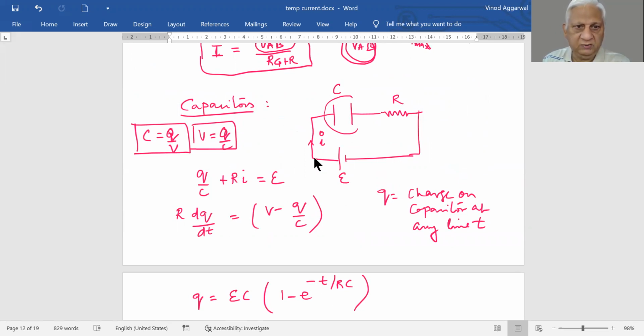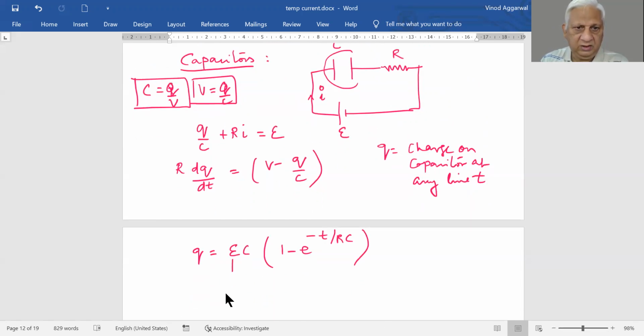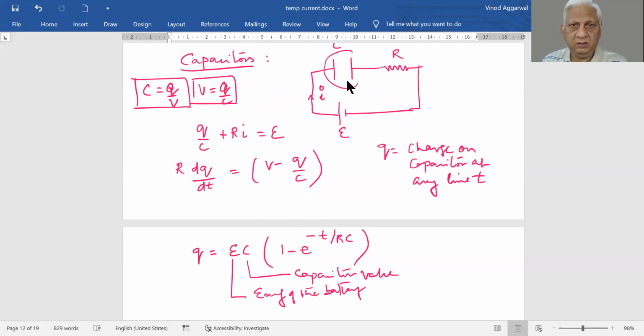If the charging starts with no charge at time t0, then at any time t, the charge accumulated in the capacitor is given by this relationship, wherein this is the EMF of the battery to which this capacitor is attached. C is the capacitance of this capacitor. T is the time, at any time t.